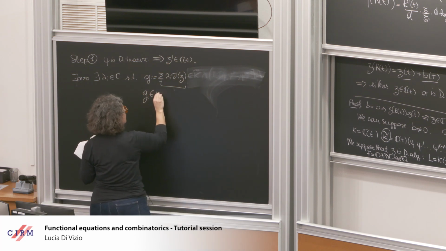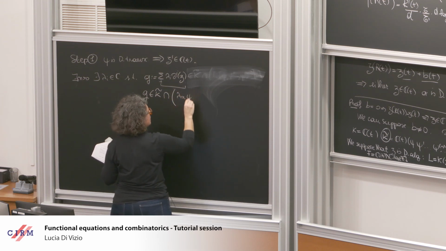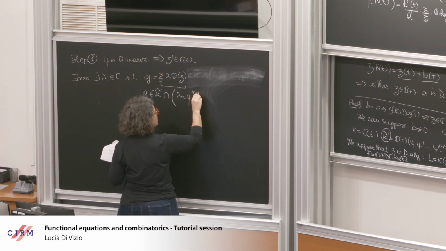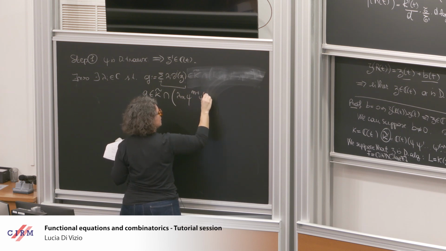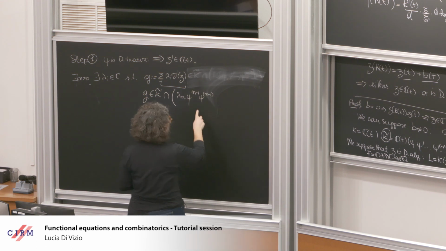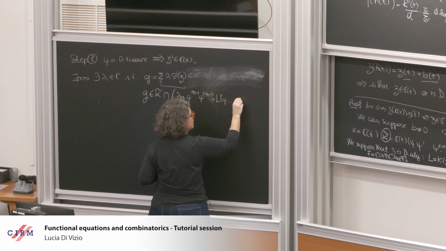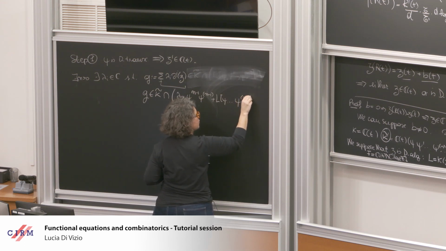G belongs to K tilde intersected with lambda n psi to the power n-1 z prime plus L of psi until psi to the n-2.